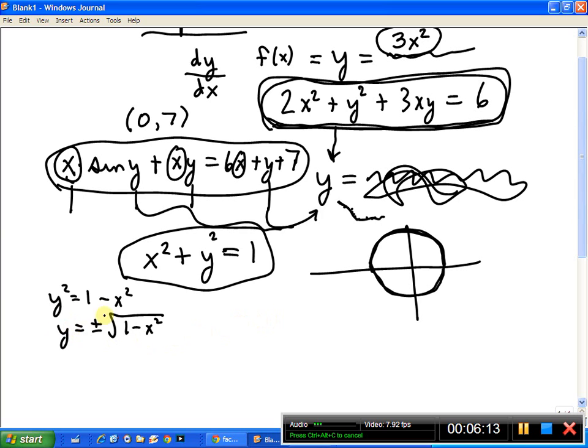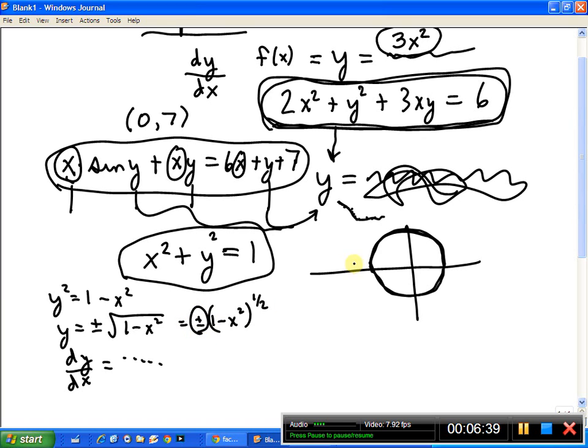So, yeah, I could solve it, and then I could calculate dy/dx by means of the power rule, because this is 1 minus x squared to the 1/2 power, and the chain rule, and blah, blah, blah. I'd have to do it twice because of this plus or minus, because I have two solutions.